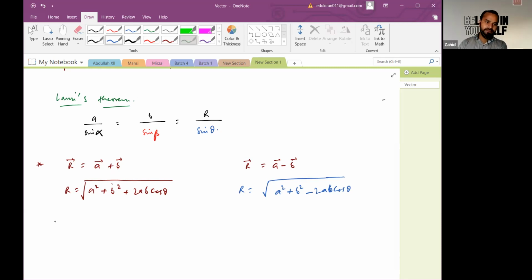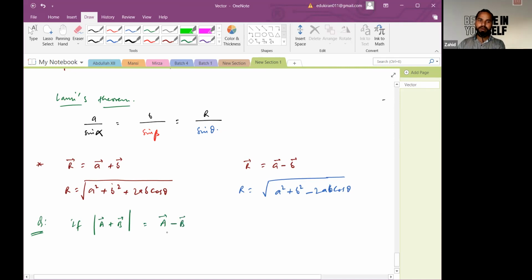Now on this basis, I'm giving you one more problem. Let's say if mod of A plus B, it means resultant in sum, is equals to mod of A minus B, resultant in difference, then find theta between A and B. Just put the value of this resultant as this term, this resultant as this term, and take squaring both sides, try to simplify it to get theta.